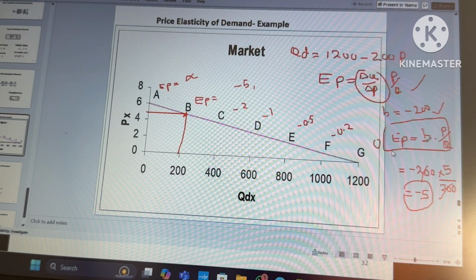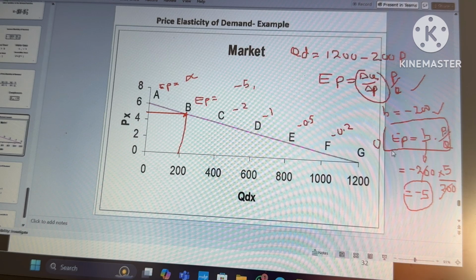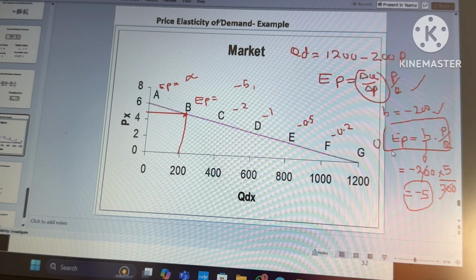The 200 is the value of B at point B. That means delta Q over delta P means B, right? I'm telling it from the very beginning. Correct?